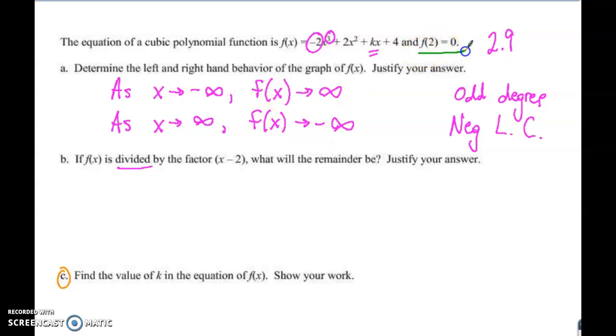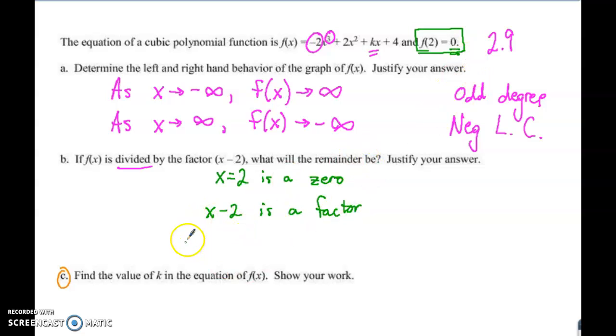So remember, the remainder theorem is looking at that and saying, well, this is the same as x equals 2. And when you get a remainder of 0, that means that x equals 2 is a 0, which means that x minus 2 is a factor, which is a fancy way of saying that the remainder will be 0.